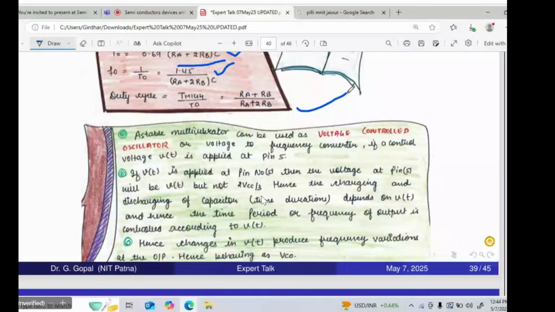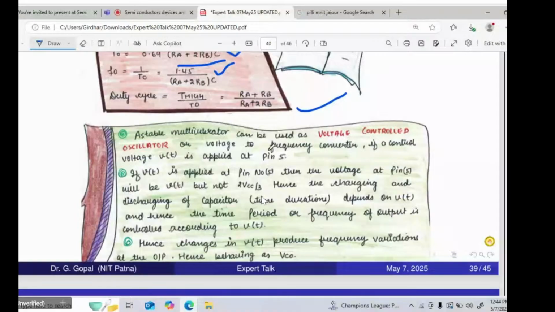In this way you can do the analysis and represent a pulse with its time period and duty cycle, right? Now in this way we have studied the monostable and astable multivibrators using the 555 timer IC to generate the pulse output, right?